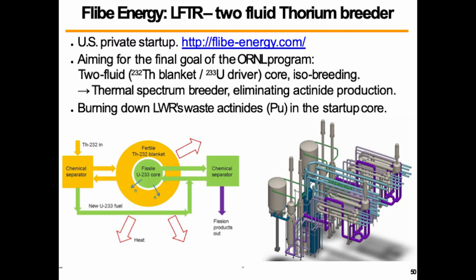And then using a chemical separator in the blanket, we take this newly formed U-233 and put it back into the core, and then a chemical separator connected to the driver fuel salt extracts the waste, the fission products, out.